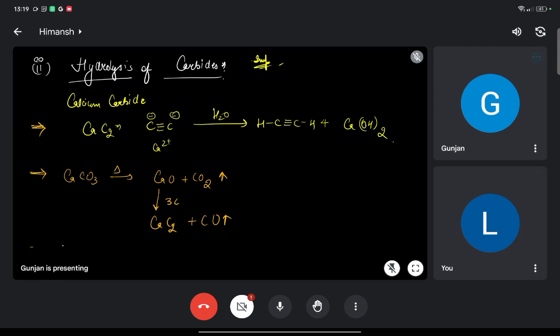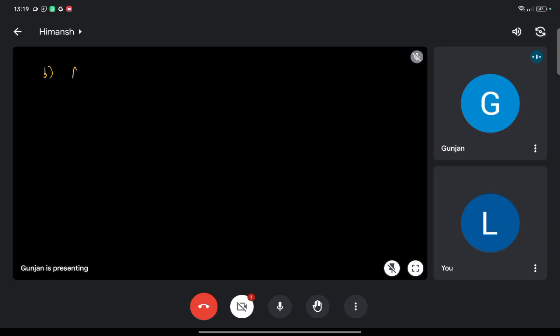If we have magnesium carbide, magnesium has 2 valency, and the formula is Mg2C3. Now how does it exist, what is the structure of it?